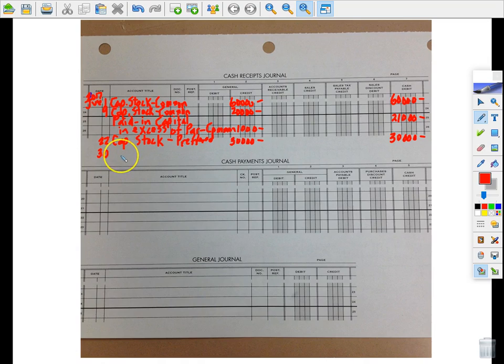So we're going to have that paid in capital account that's going to be used again. So our credit is to capital stock common for the par value. And what's that? 50,000.